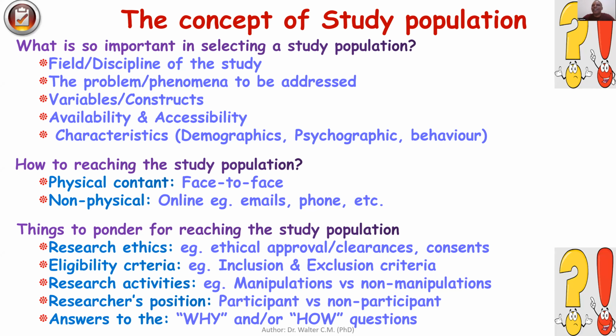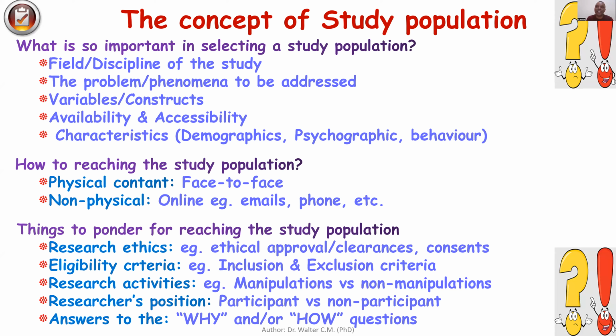If we are doing such a thing, such a position, it means that you are a participant researcher. But if we go there, leaving them dancing, and you are sitting aside, looking at them and collecting data, observing what is happening, and you document it, you are called a non-participant researcher.